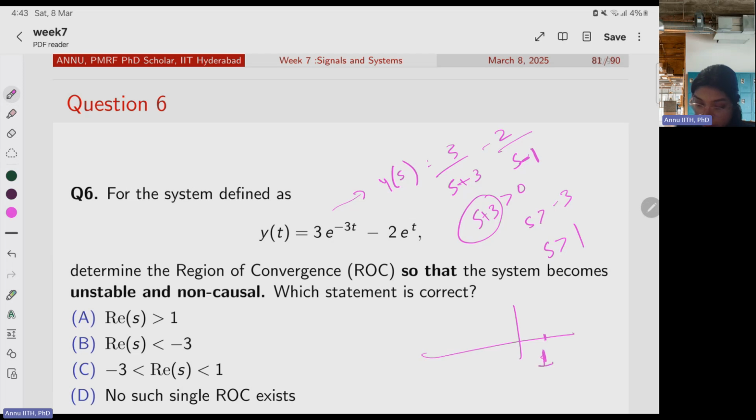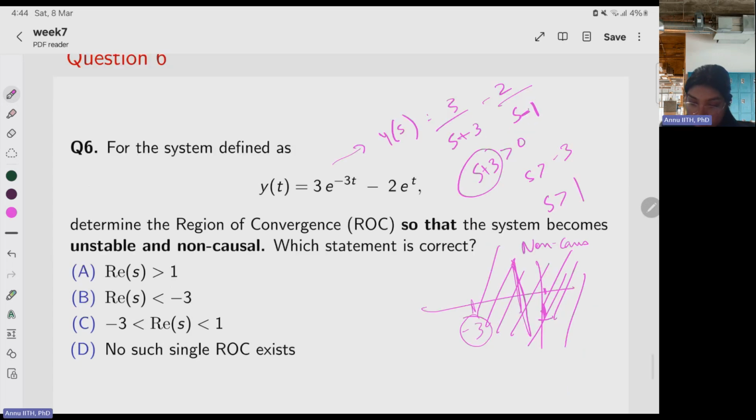Since the pole is lying on the left side, the system is non-causal. But you want this and this. So the system is causal and stable as of now.